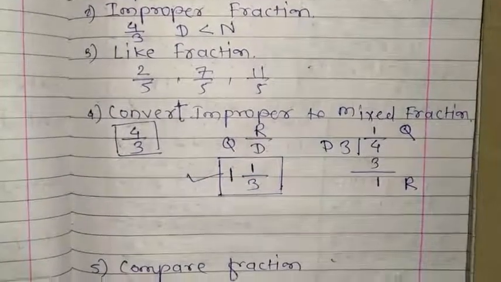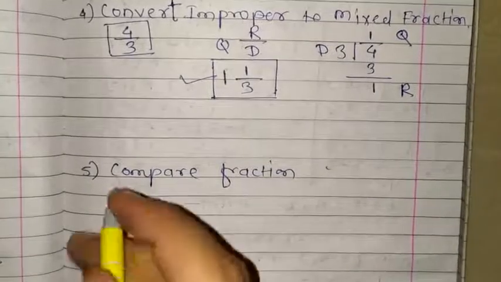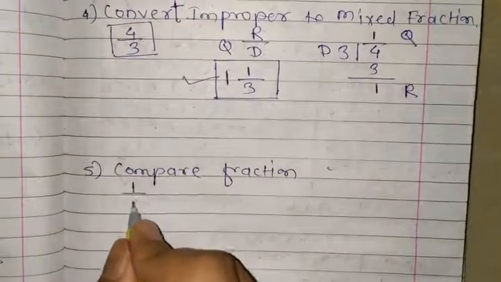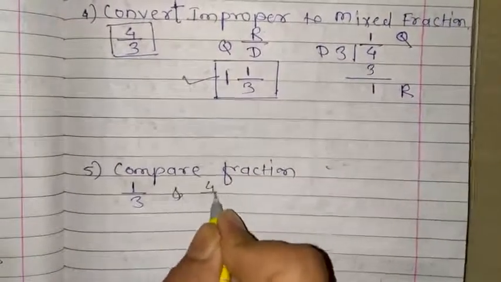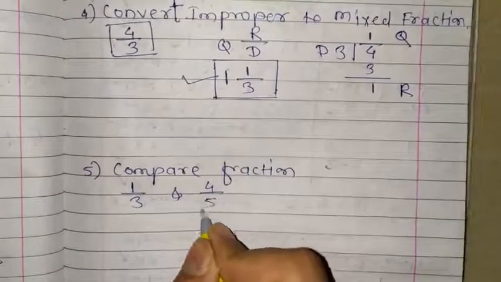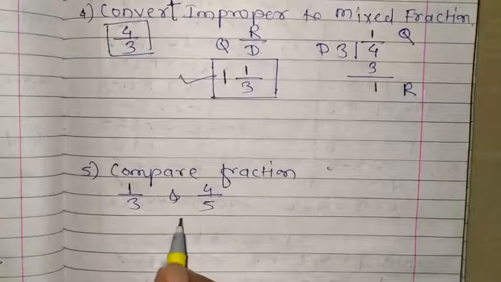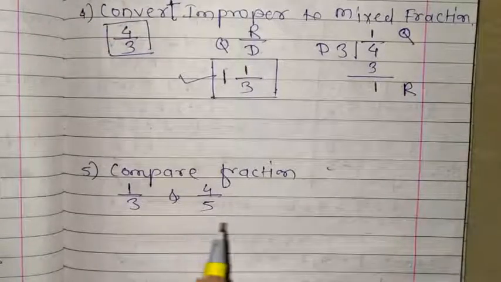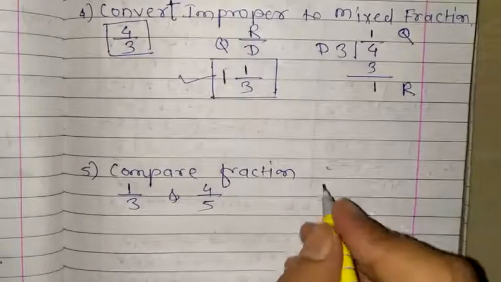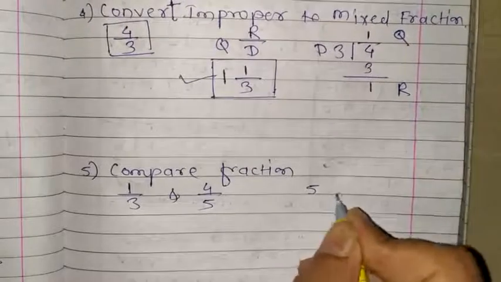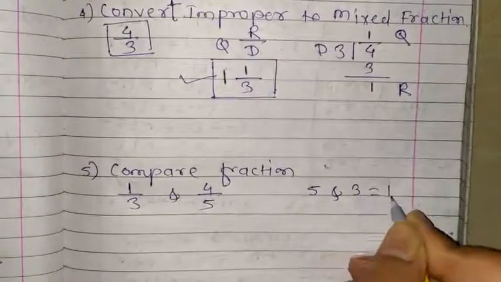Now after this we will compare two fractions. For that I am taking simple numbers, 1 upon 3 and 4 upon 5. Whenever you compare, you have to make their denominators the same. How will you make them the same? You have to find their LCM. The LCM of 5 and 3 is 15.